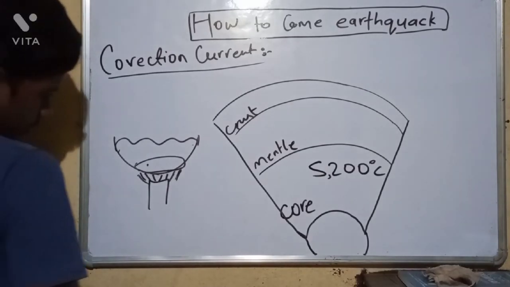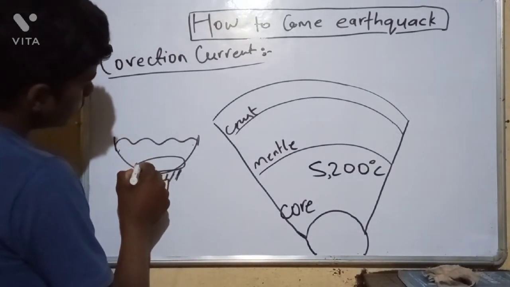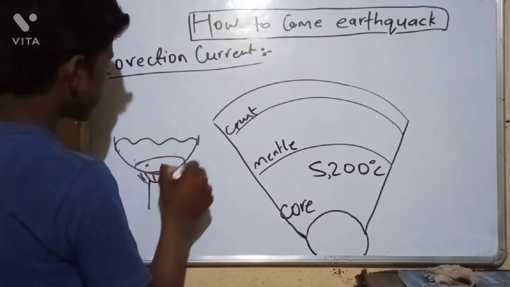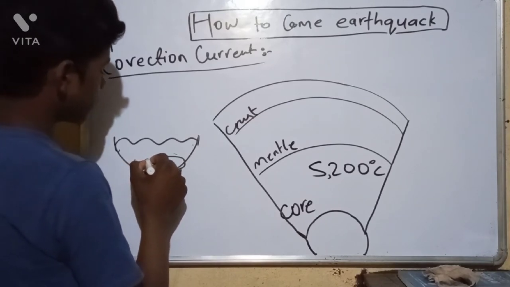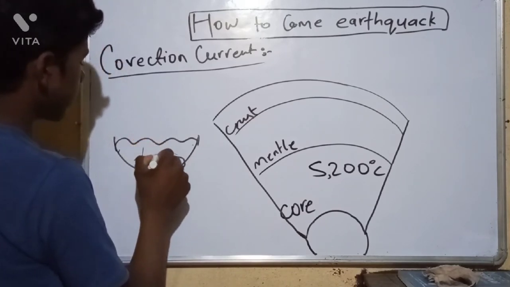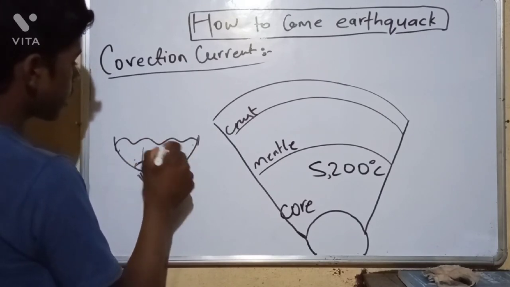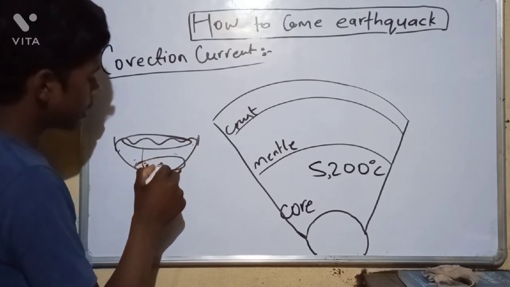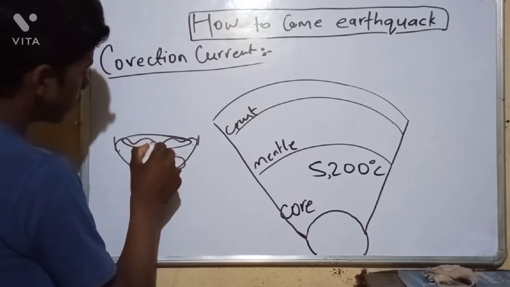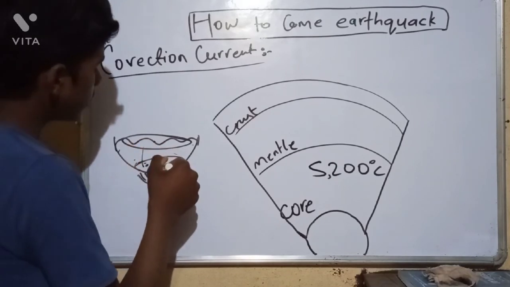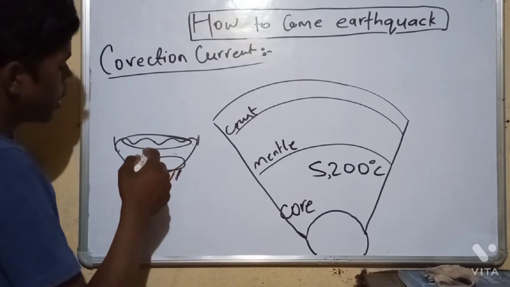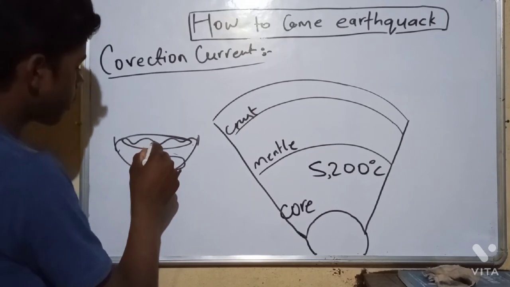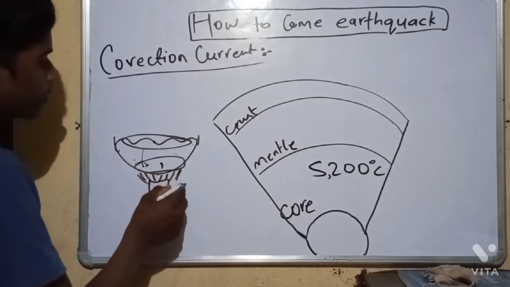Therefore the water present here starts going upside. Because of the heat, it comes to the upper portion, and then it gets chilled because it goes far away from the heat source.